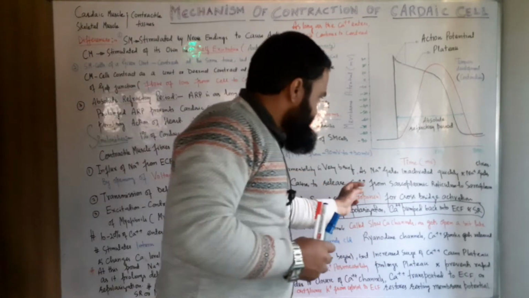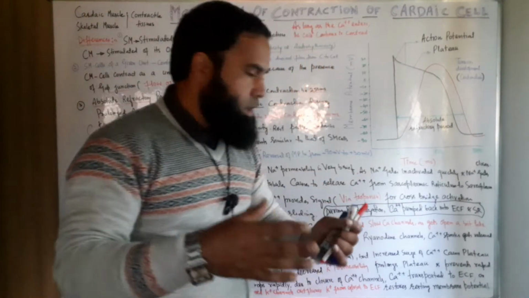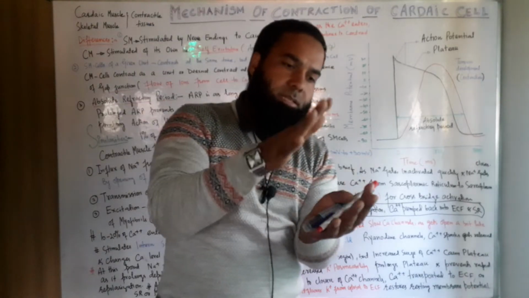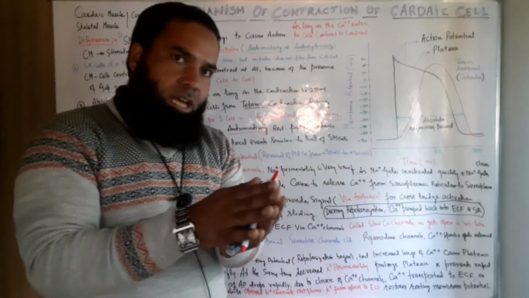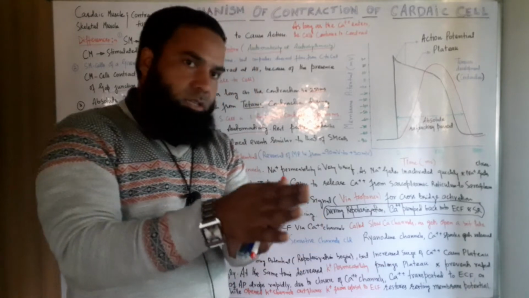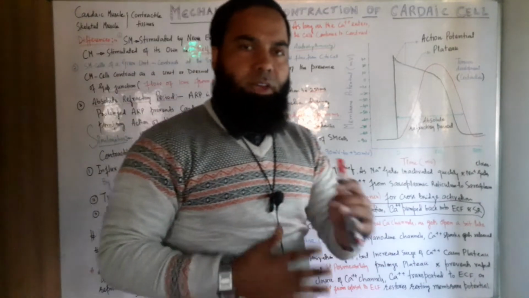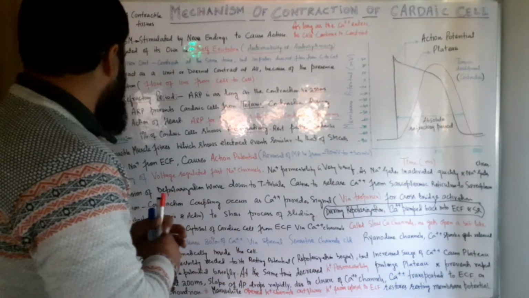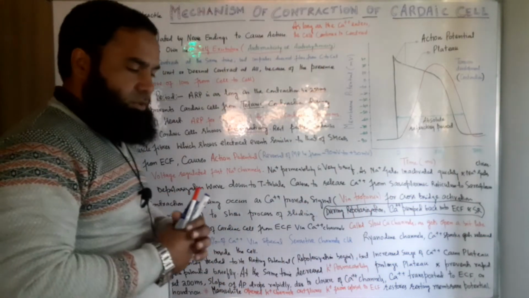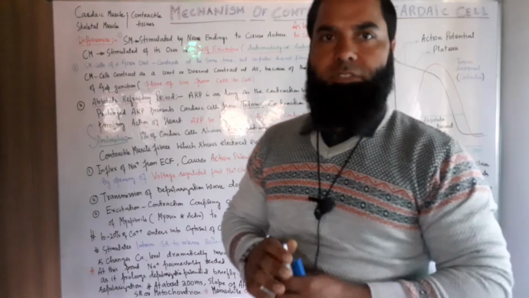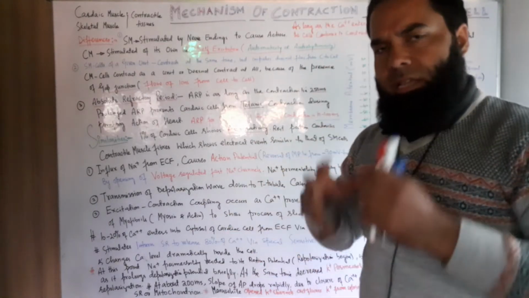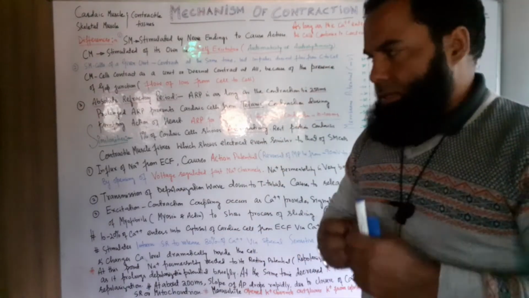The troponin is a protein that binds with the myofibrils, actin and myosin, which helps to cross bridge actin and myosin. And what happens then? The sliding mechanism of action takes place. These three are similar actions shown by the cardiac cells as well as the skeletal cells.